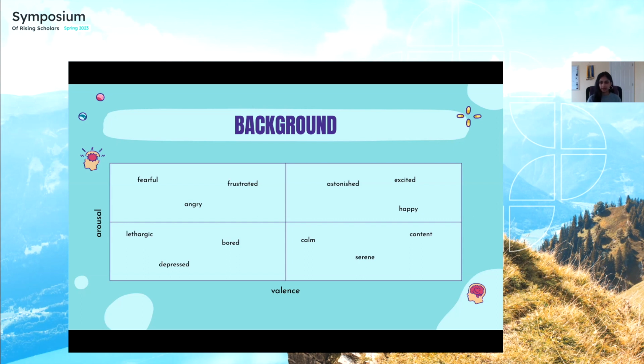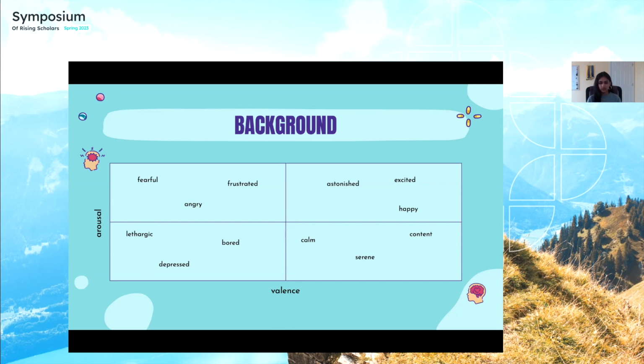Arousal tests whether the emotion you're experiencing has high energy or low energy. Being calm, serene, or bored is low arousal because it's not really a strong feeling. Whereas something like being astonished, fearful, frustrated, angry, or excited has very high arousal, so it has very high energy associated with that emotion.